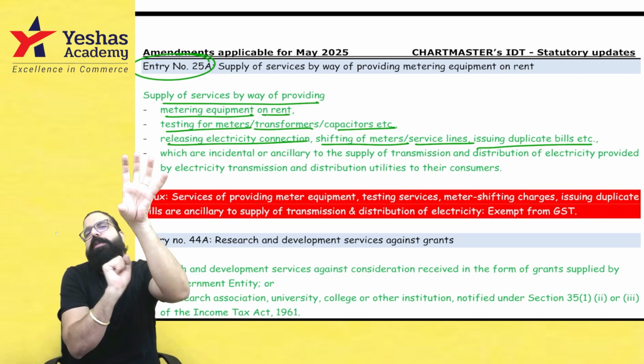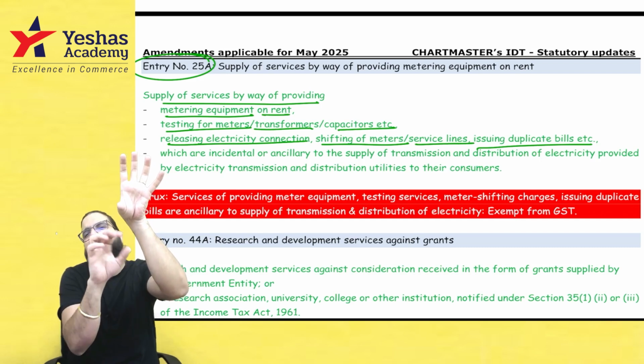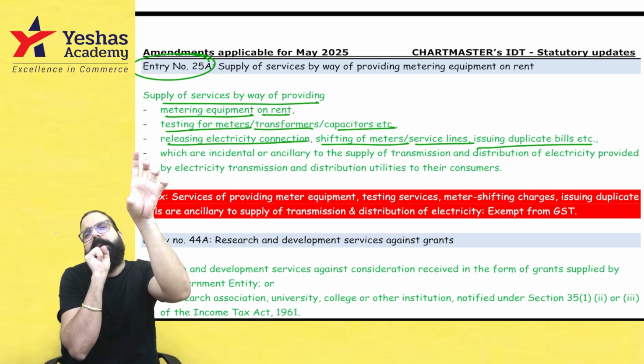Along with electricity they give you a meter on rent, a duplicate bill if you want, and shifting of the meter.